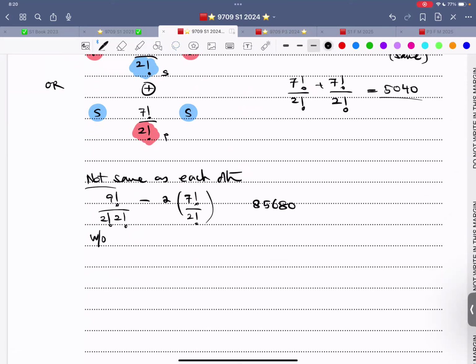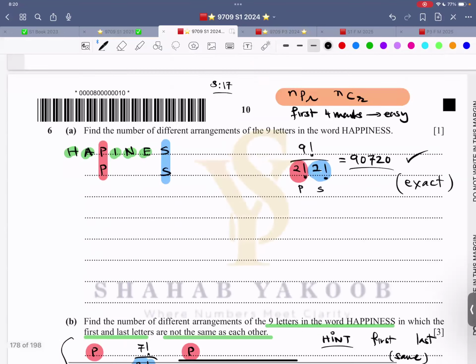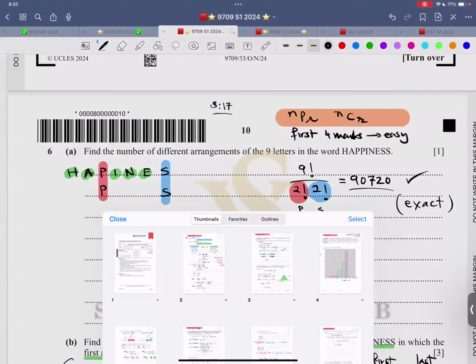Hold for a second, without any restriction, that is the answer of part 1, minus this thing over here, are the same as each other, will give me this answer that is not the same as each other. So you do the subtraction. So now this 3 and 1, 4 marks, that is also easy.